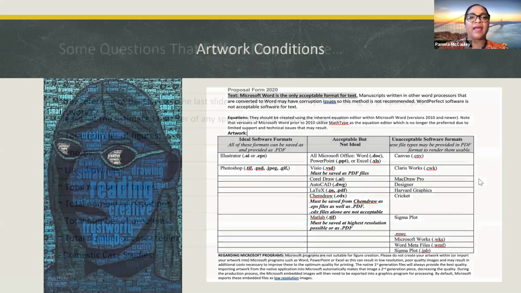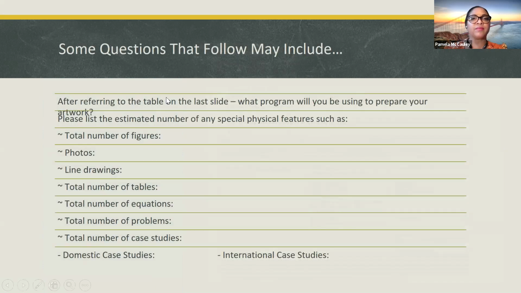Okay. And so after referring to the table on the last slide, you need to think about what program you're going to be using to prepare your artwork list. And then of course, you're going to want to list the total number of figures. These are estimates, so try to get as accurate as possible, but don't lose sleep over it.